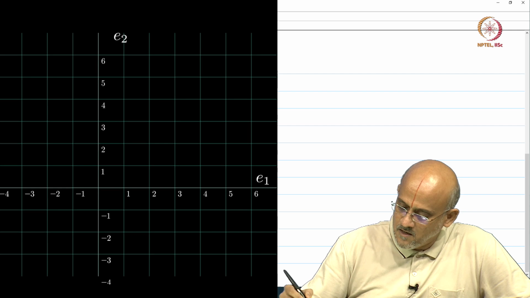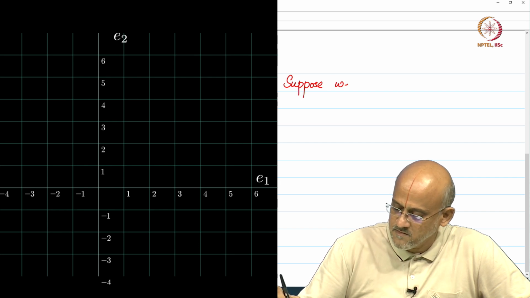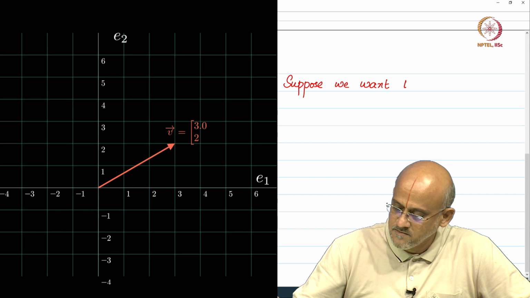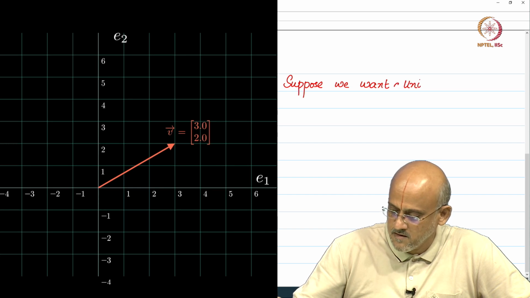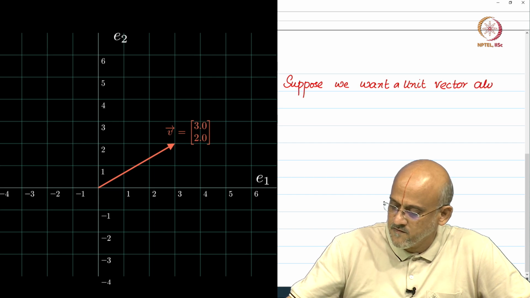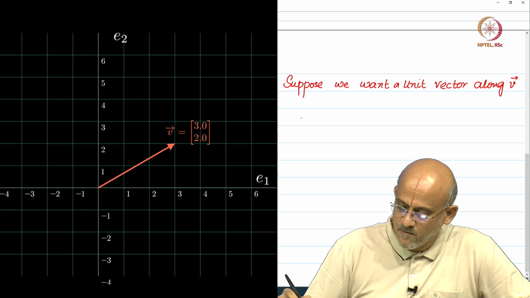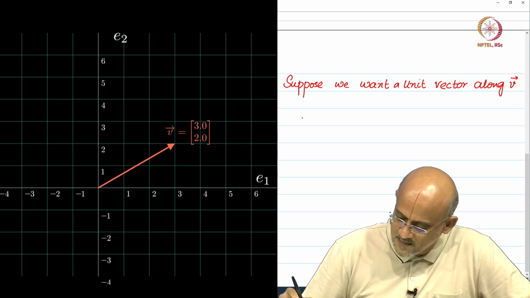Now, suppose we want to find a unit vector in the direction of v. So, how are we going to find it?